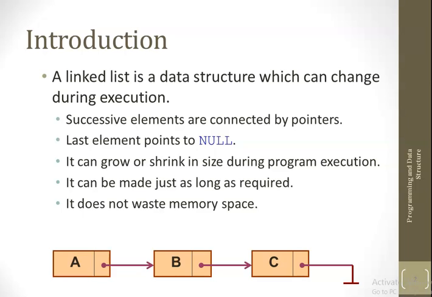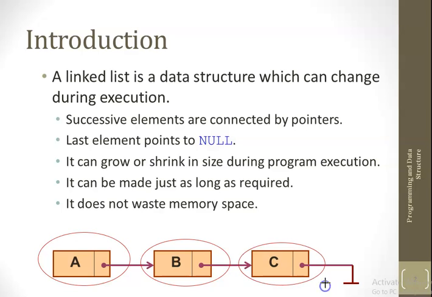A pictorial representation of a linked list is shown below. This one forms an element. A is an element. Here B is an element. C is an element. Each of them is represented using a box having two spaces or two fields.